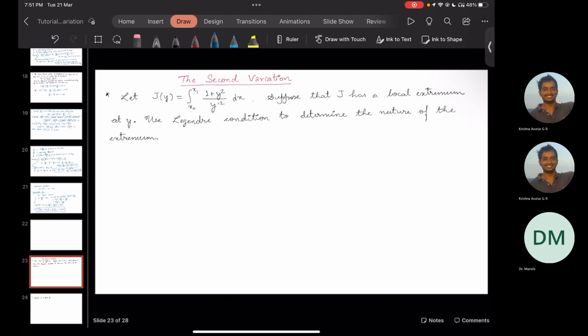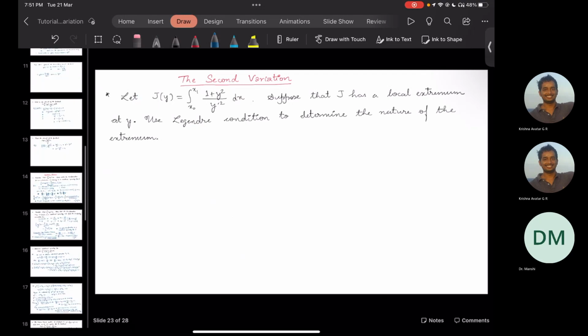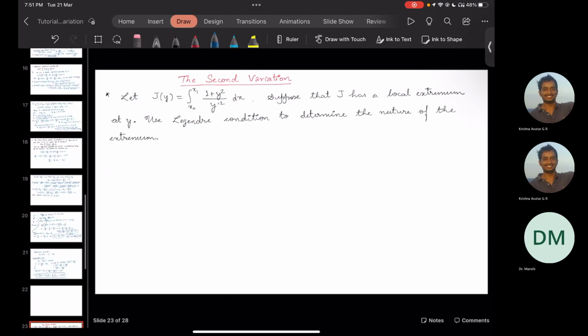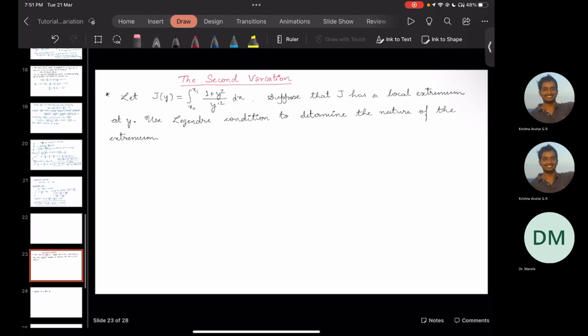So we'll use our Legendre condition. I'm sorry, I did not write it here, but anyway, I'll just state what the Legendre condition is.